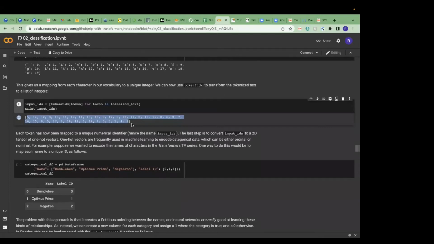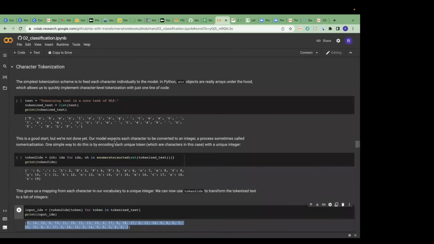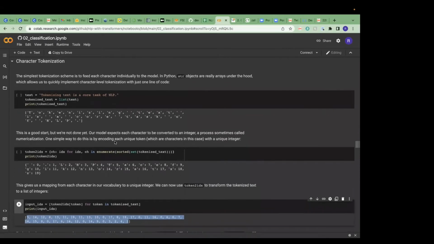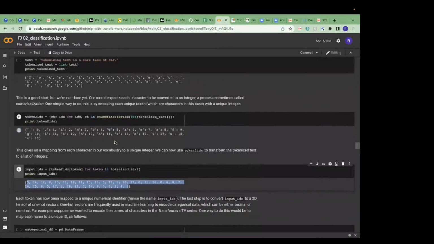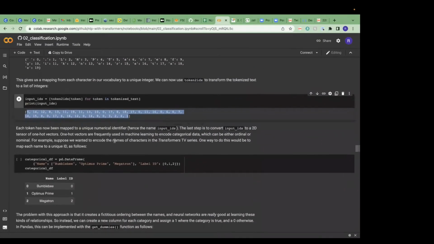In practice, character tokenization is difficult as well, because it makes your sentences pretty long, so your text is going to be a very long tensor, as opposed to word tokenization.